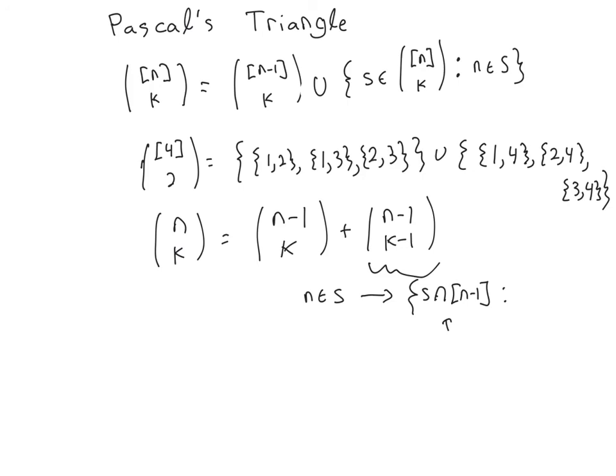It's size k minus 1. And it turns out that this is what they call a bijection, which we haven't discussed yet. You can reverse the operation. And so any subset of size k that contains a given element can also be viewed as a subset of size k minus 1 that doesn't have that element.